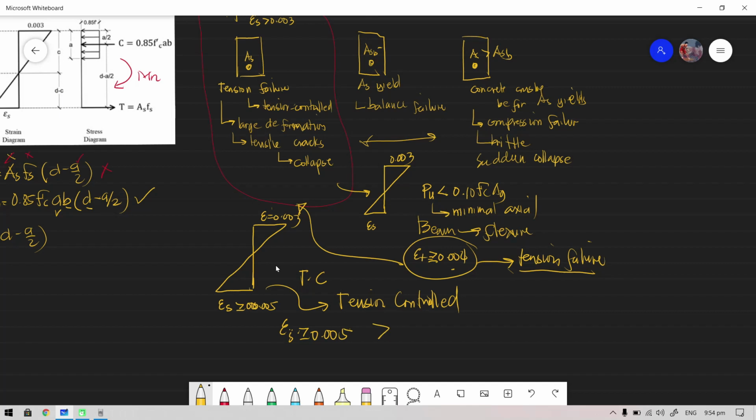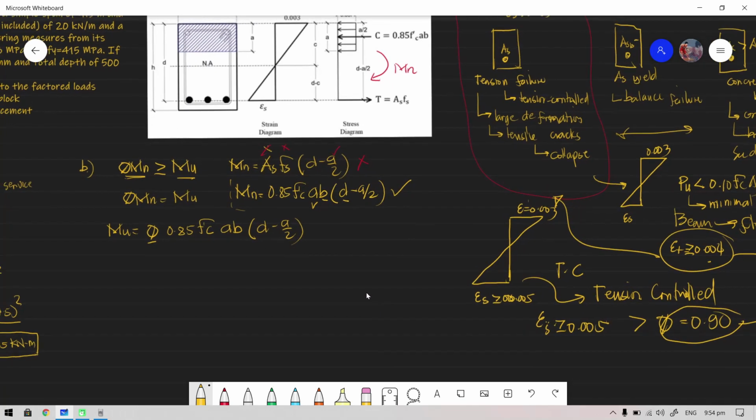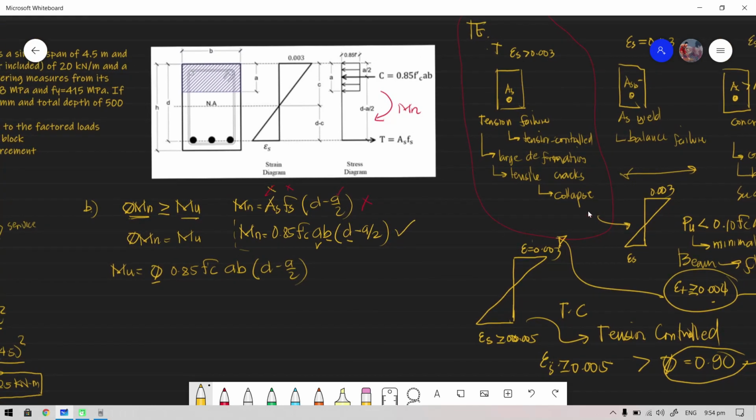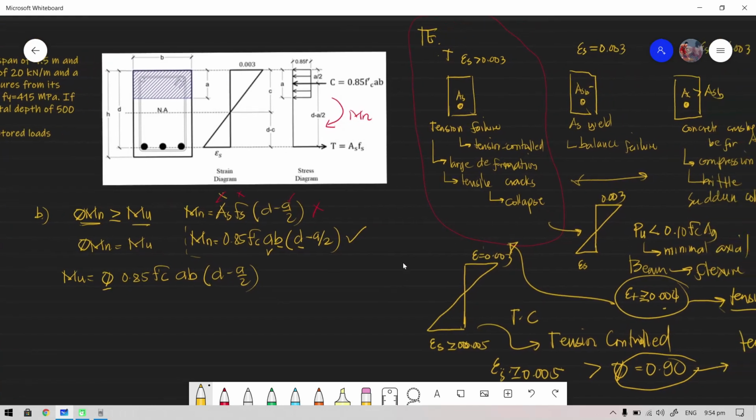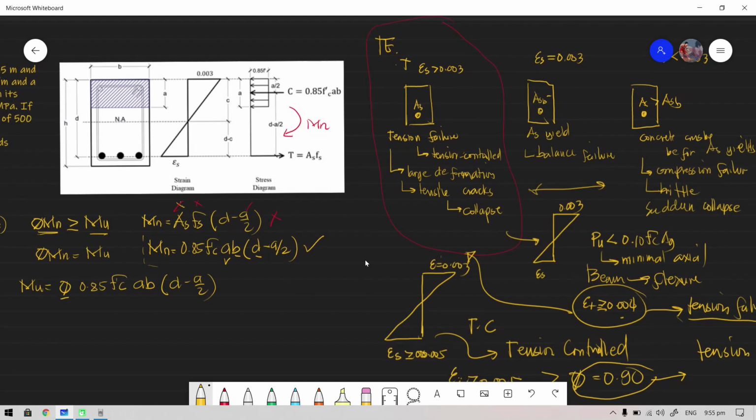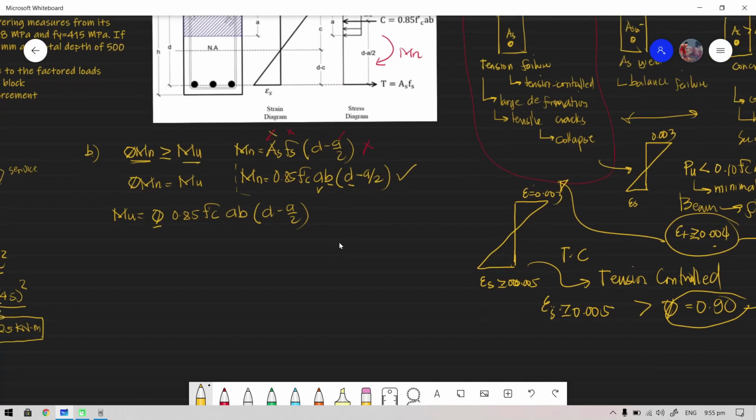And when your strain is 0.005, ang reduction factor mo is 0.9. In this case, alam mong mag-yield. But if you use this reduction factor, you know that your beam will fail in tension. Okay? So that's why dito, if we are designing, we want that our beam will fail in tension as well as it will observe a ductile behavior. So yun, meron na tayong reduction factor.